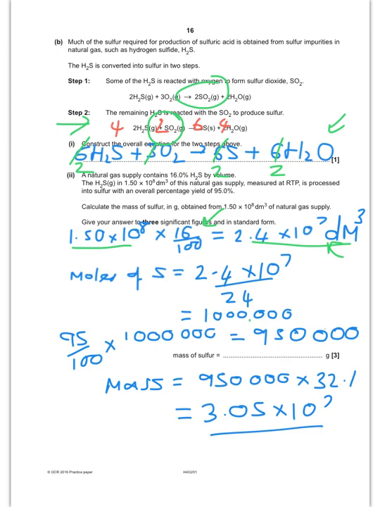That is going to be the same as my moles of sulfur that I produce, because it is a 1-to-1 reaction, or 2-to-2 here. So that also gives me my moles of sulfur. I then need to times that by 95%, because it's only, well, I say only, it's very good. I get a 95% yield, to give me 950,000 moles. And then to calculate a mass, finally I times it by the molar mass of sulfur to give me 3.05 times 10 to the 7 grams.